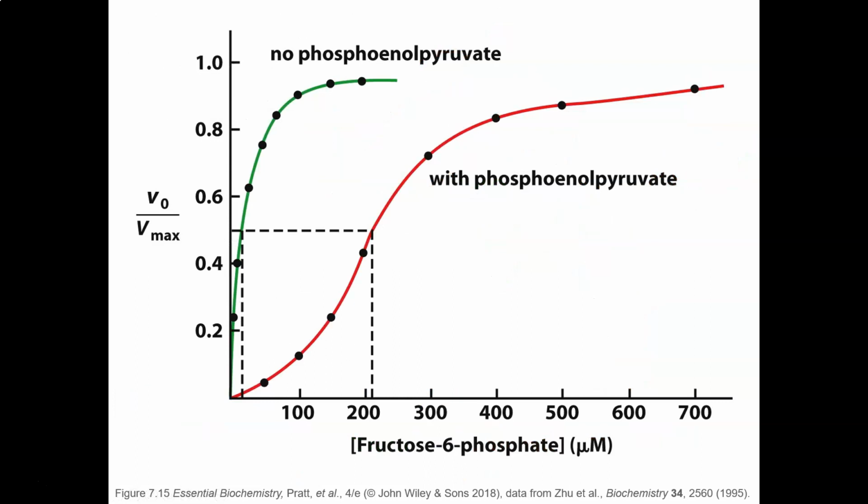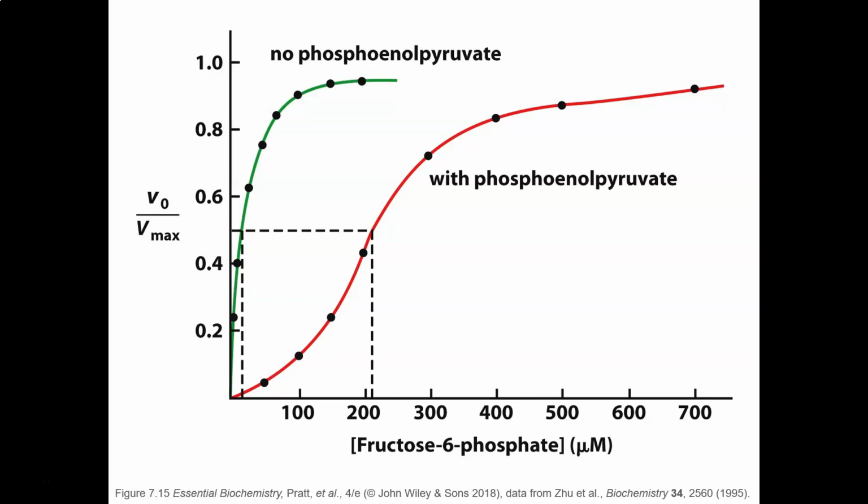And we can see this if we go into the lab and look at this graph, where we can see that the Km of the enzyme without the phosphoenolpyruvate inhibitor is much lower than the Km of the enzyme when the phosphoenolpyruvate inhibitor is there.